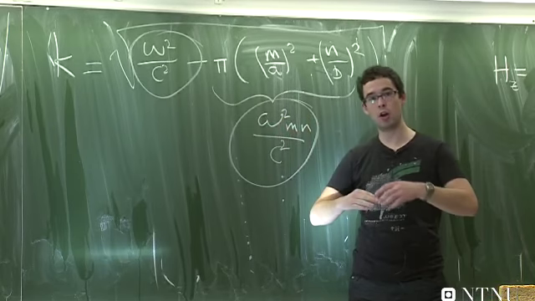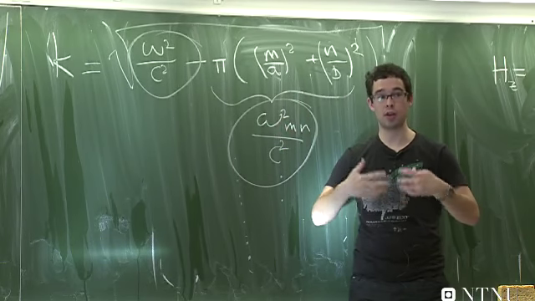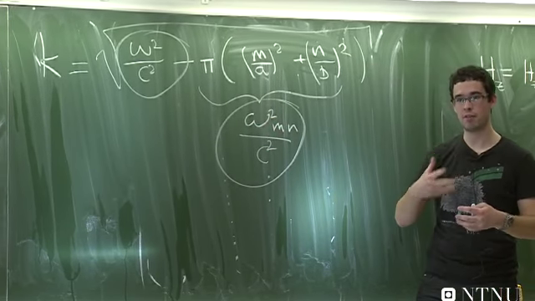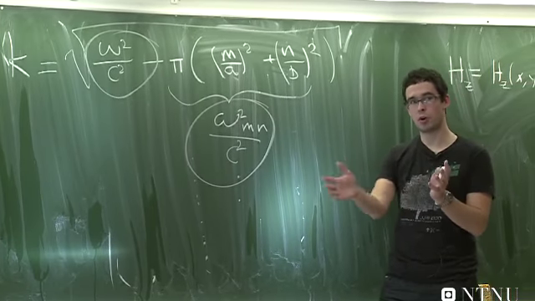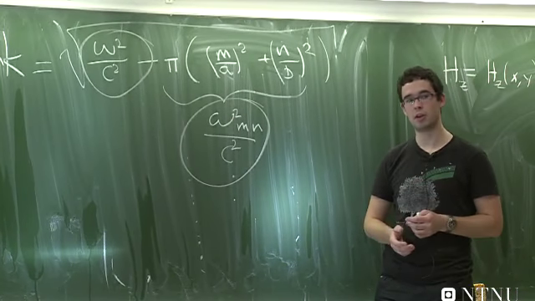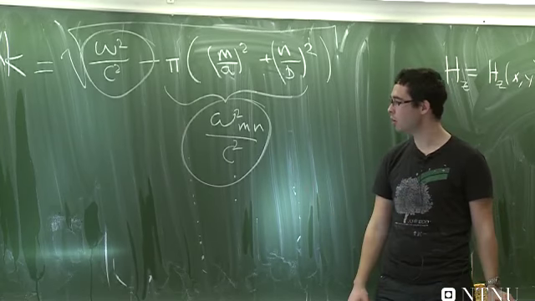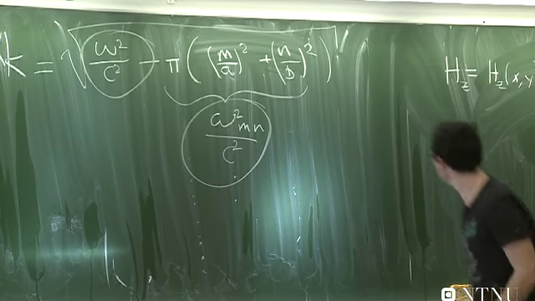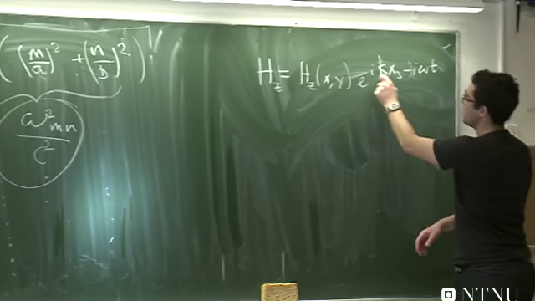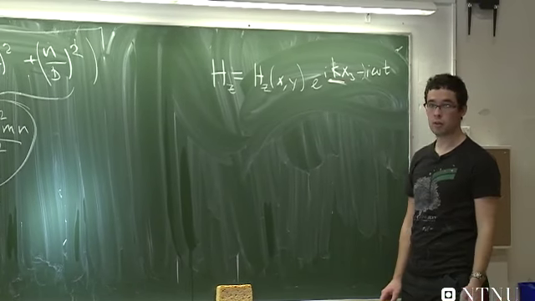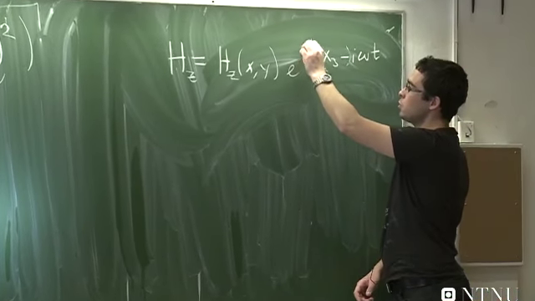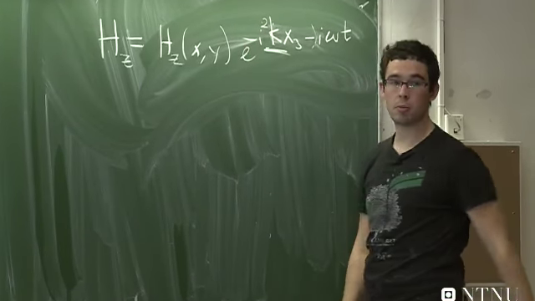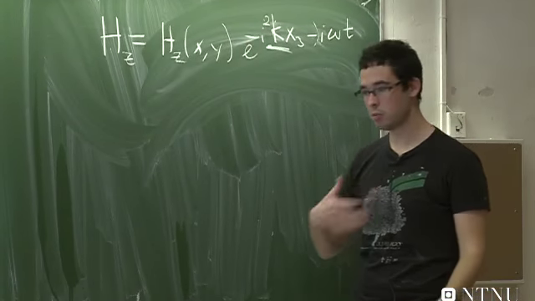Because if omega is not larger than this cutoff frequency, we cannot excite this mode anymore. We'll just get an evanescent mode. So they might propagate a short distance into the waveguide, say, but they won't really propagate along the waveguide. It will be exponentially damped. Because this k is simply not real anymore. So we get i squared, which turns into a minus sign, and the wave turns into an exponential decay.